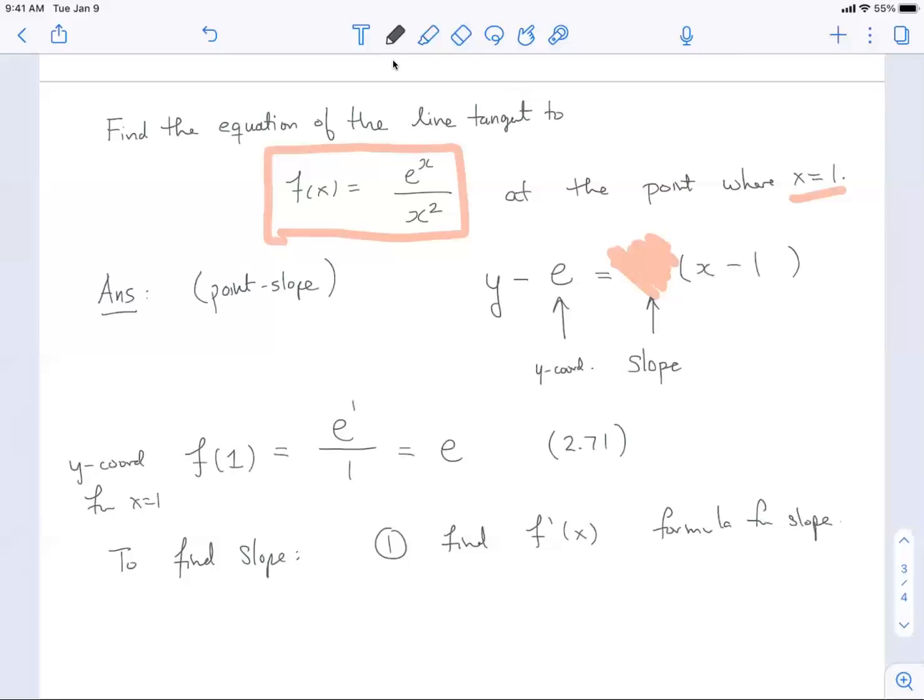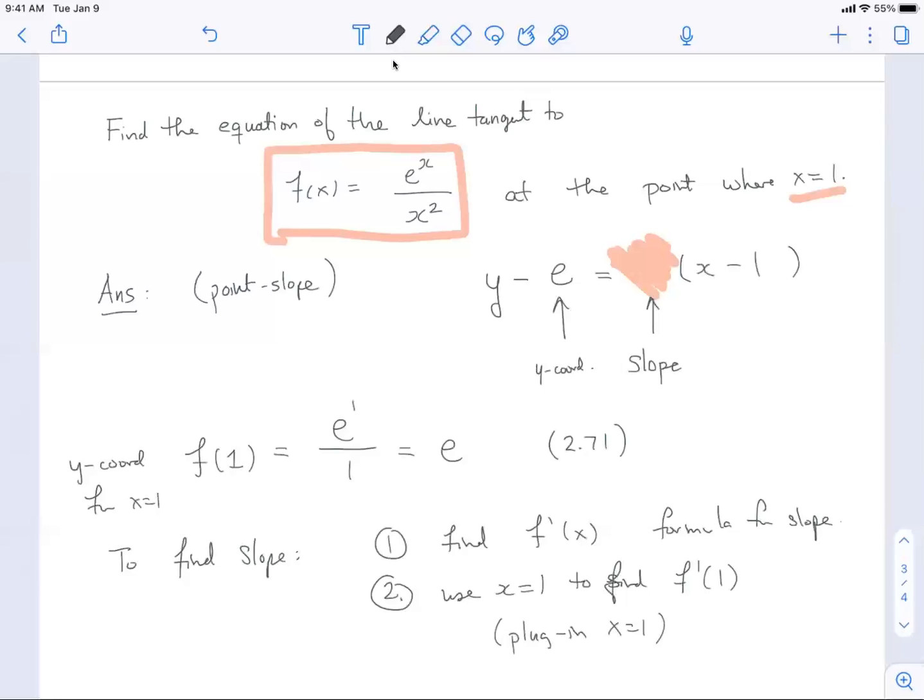Once we have that formula for slope, which will depend on x, it'll be one slope for every x. Then we're going to plug in x equals 1 to find the slope when we are at the point 1 comma e. In other words, this is just plug in x equals 1.